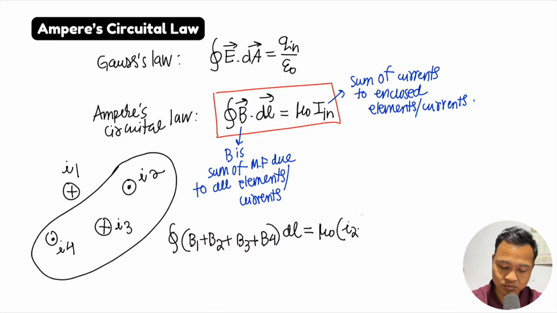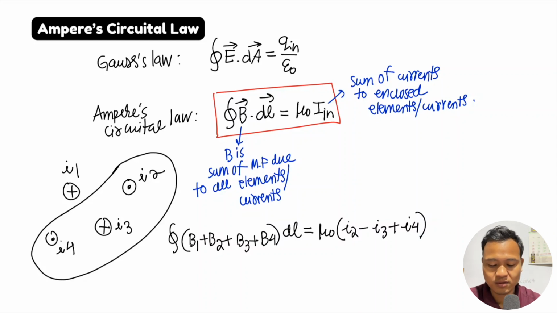So I2 inward is positive, and outward is negative. So it is I2 minus I3 plus I4. This is how you write it.